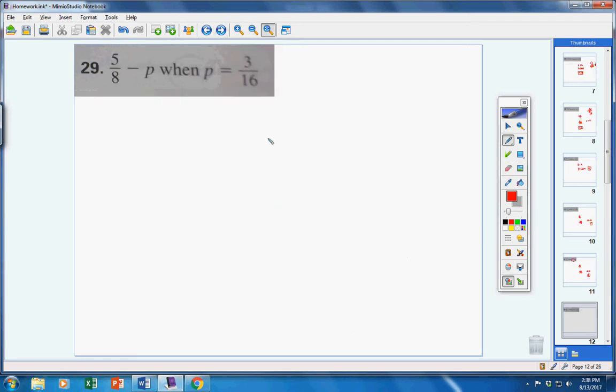Number 29. 5/8 minus p is your algebraic expression. So I'm going to have 5/8 minus, and then a parentheses, and for p I'm going to substitute 3/16. Now hopefully you remember this from middle school and elementary school, students.